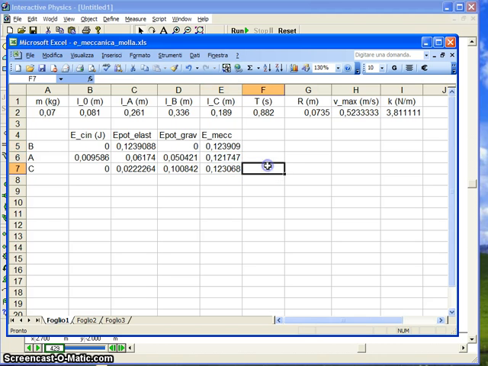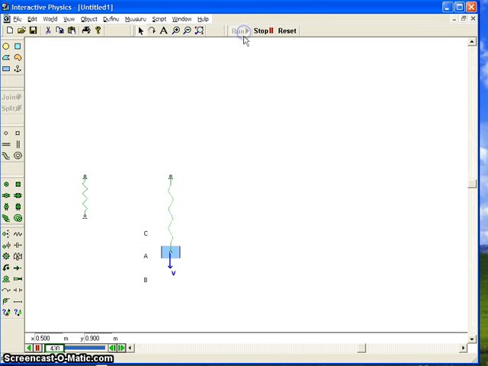So if you consider that measures are affected by errors, you can consider the mechanical energy constant in these 3 different positions. So we actually demonstrated that the mechanical energy during the oscillation of our spring was constant.